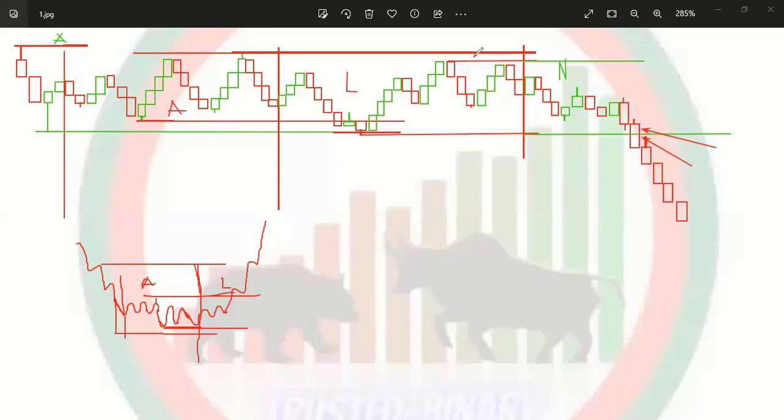Okay, so now if the movement is like this, then there is no perfect movement or powerful situation. So then we have to wait for another session, another perfect situation.